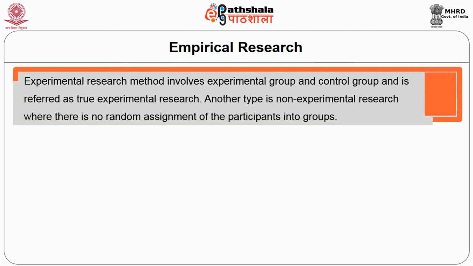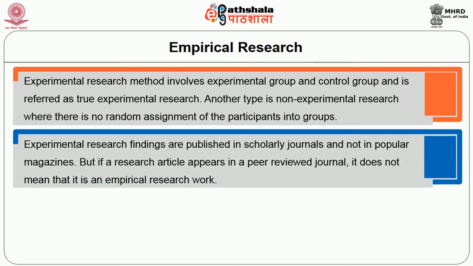Experimental research method involves experimental group and control group and is referred to as true experimental research. Another type is non-experimental research where there is no random assignment of the participants into groups. Experimental research findings are published in scholarly journals and not in popular magazines.